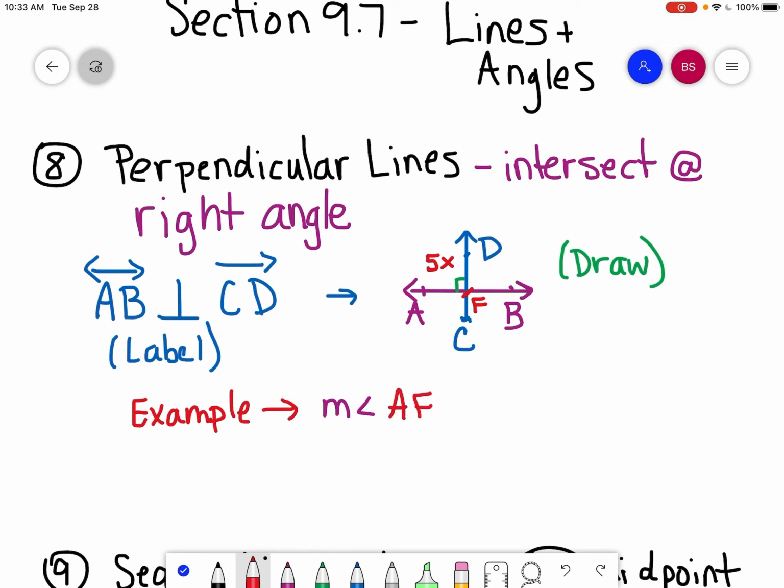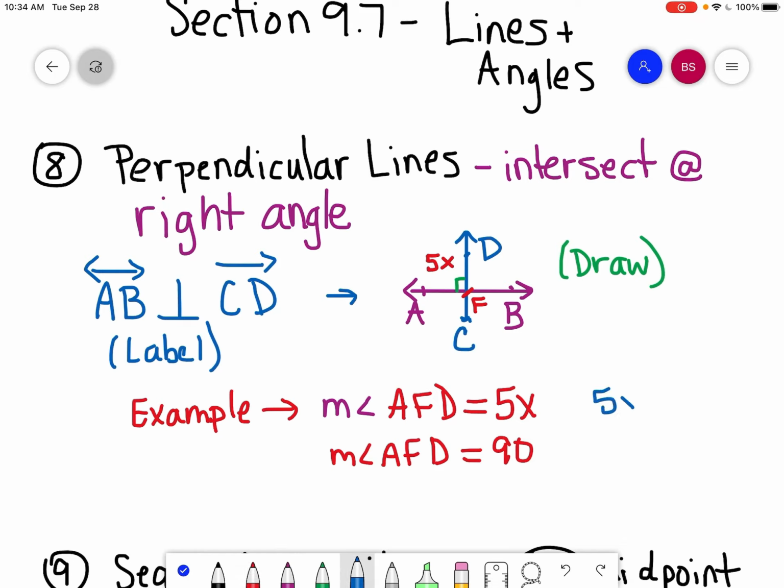So the measure of angle AFD equals 5x, right? But I also know, because there is a right angle symbol there, that the measure of angle AFD is equal to 90 degrees.